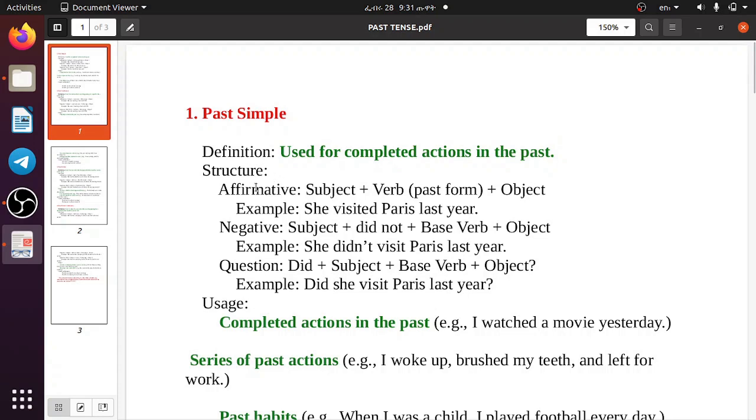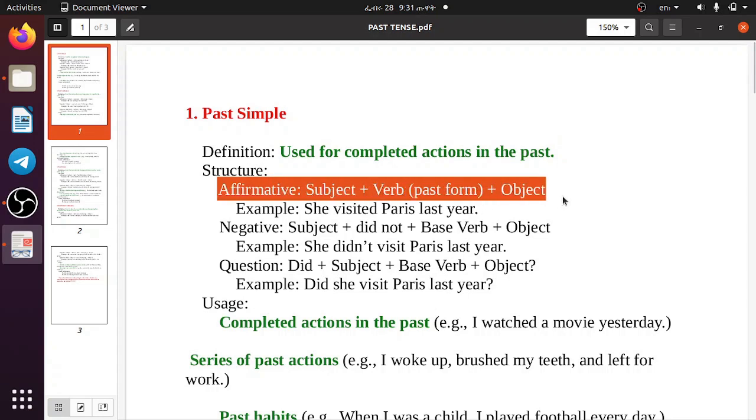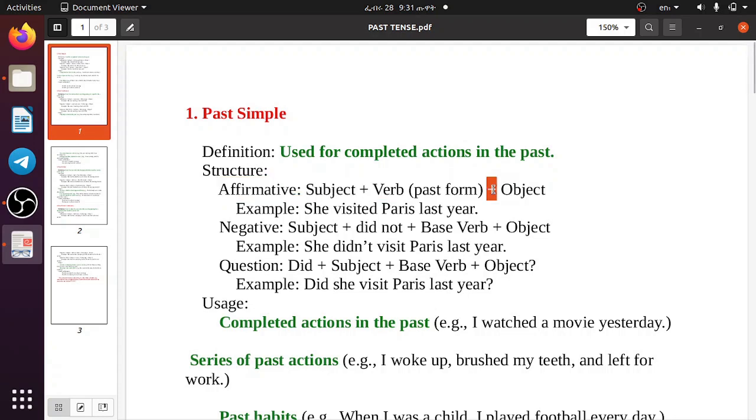Their structure is: in affirmative sentence we use this structure: subject plus verb. Verb is in the form of past, that means verb 2, plus object. For example, she visited Paris last year.